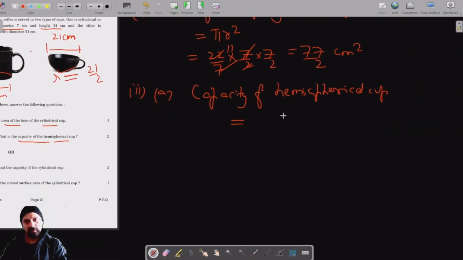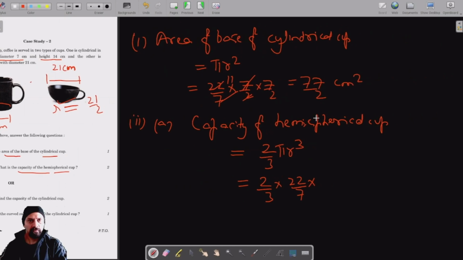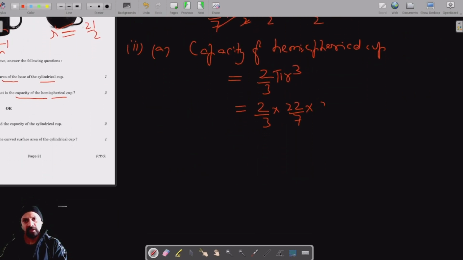Now the capacity of the hemispherical cup is given by its volume formula, which is 2 by 3 pi r cube. So this is 2 by 3. Let's take the value of pi as 22 by 7, because it's not mentioned to take it as 3.14, and the radius is 21 by 2 into 21 by 2 into 21 by 2.